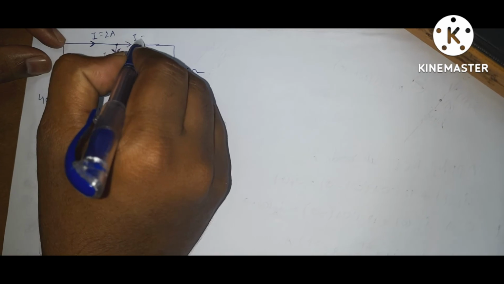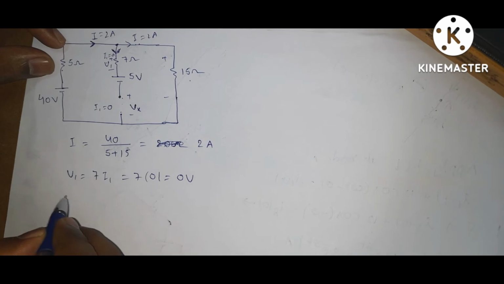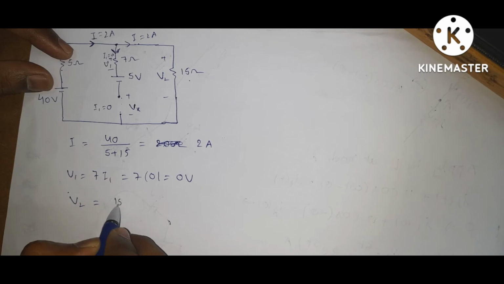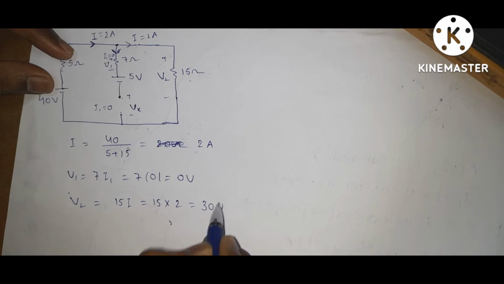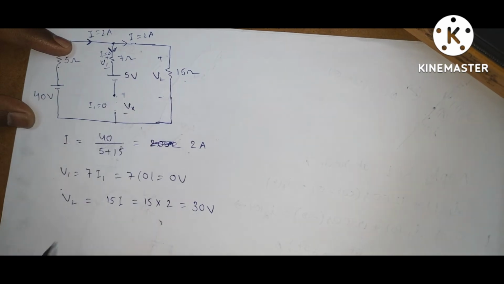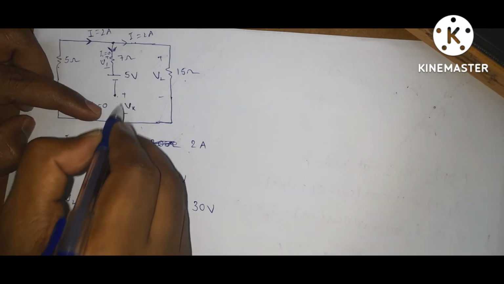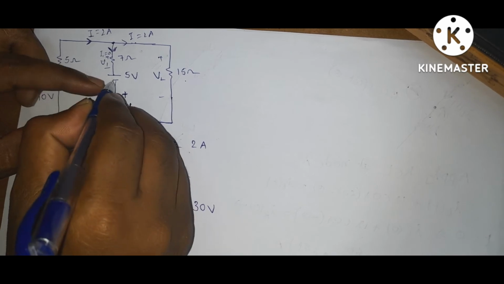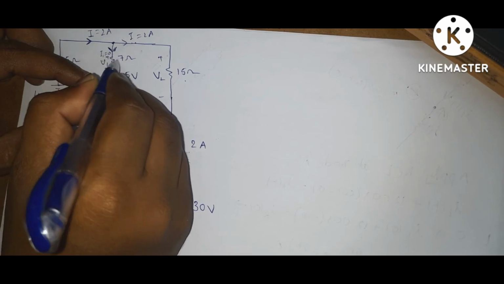Now here the same current is flowing, so this is 2 amps. What is the voltage across this 15 ohms? Let it be V2. V2 is equal to 15 I, that is 15 into 2, you will get 30 volts. Now apply KVL to this loop. This is Vx, this positive is connected to the minus of this source, and this positive is connected to the minus of this voltage drop.